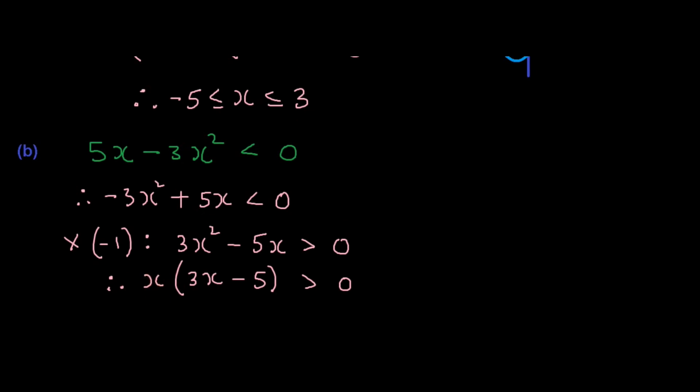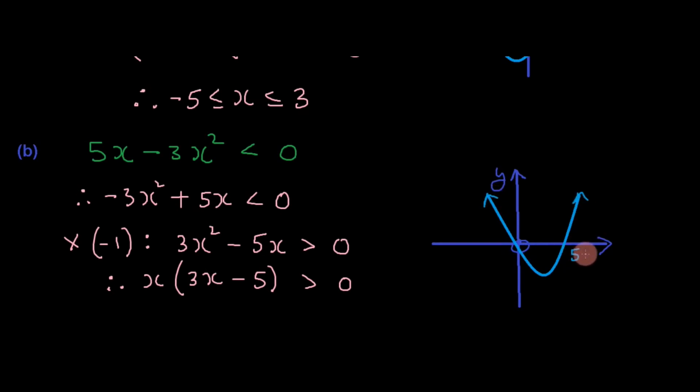So now we can draw the parabola. So it's 0 and 5 over 3. Something like this.